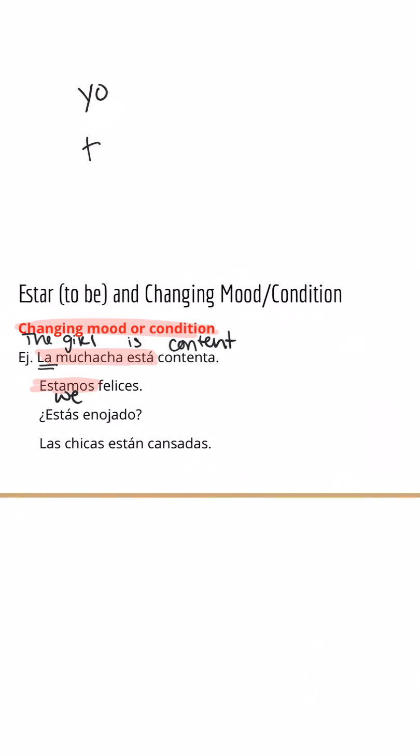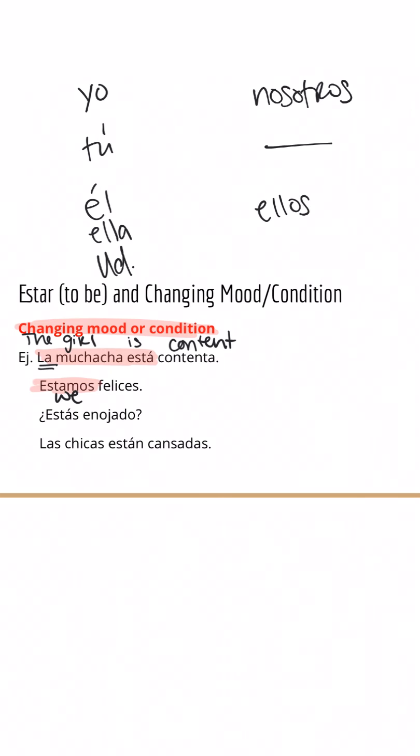We have yo, tú, él, ella, and then usted, which we can abbreviate by the capital U and lowercase d. But you'll never call it ud, please. Always usted. Then we have nosotros. I'm going to explain on the vosotros right now. We have ellos or ellas, make it like that.